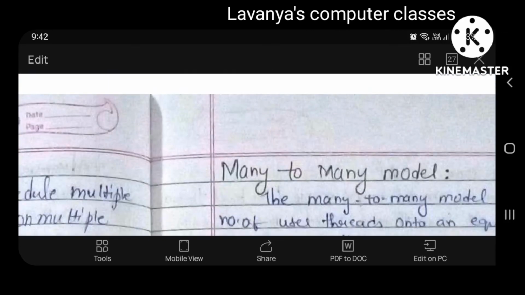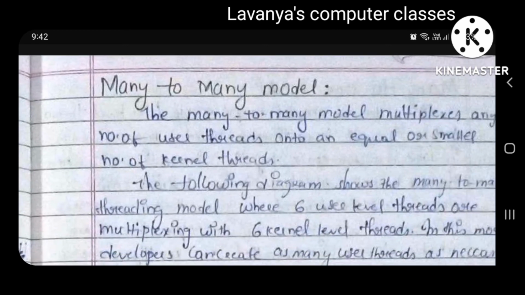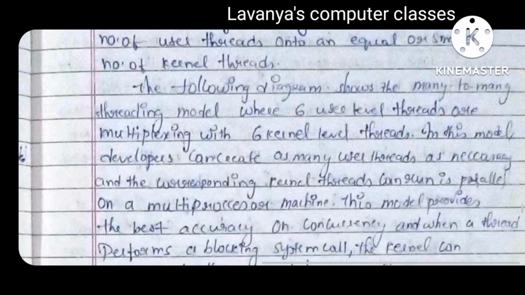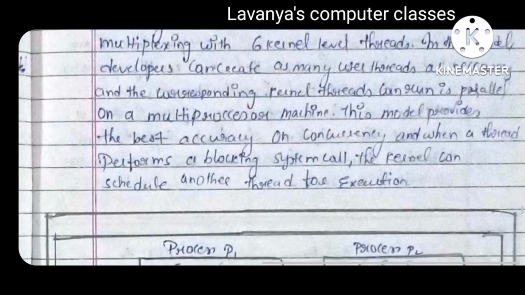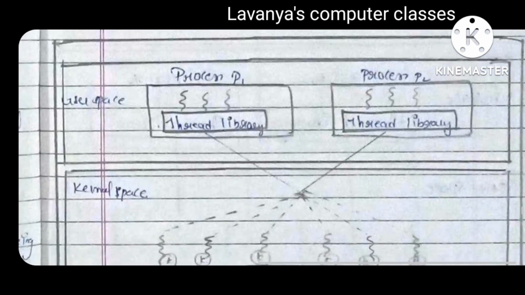This is the explanation. Many to many model. This is the diagrammatic representation.